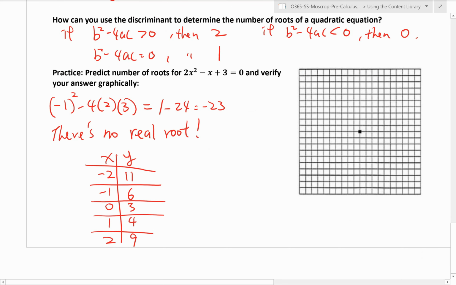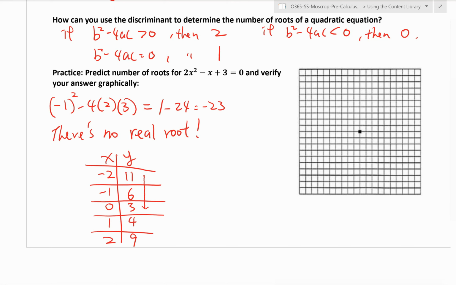Okay, so here's the table of values that I came up with. Okay, so first of all, when you do the discriminant, it equals -23, so there should be no real root. Again, I can see these three are decreasing. However, from 0 and onwards, the y values are increasing. Therefore, our vertex is somewhere between 0 and 1. And again, we can't really tell if we don't do the discriminant, but we already know that the discriminant is -23, there's no real root.